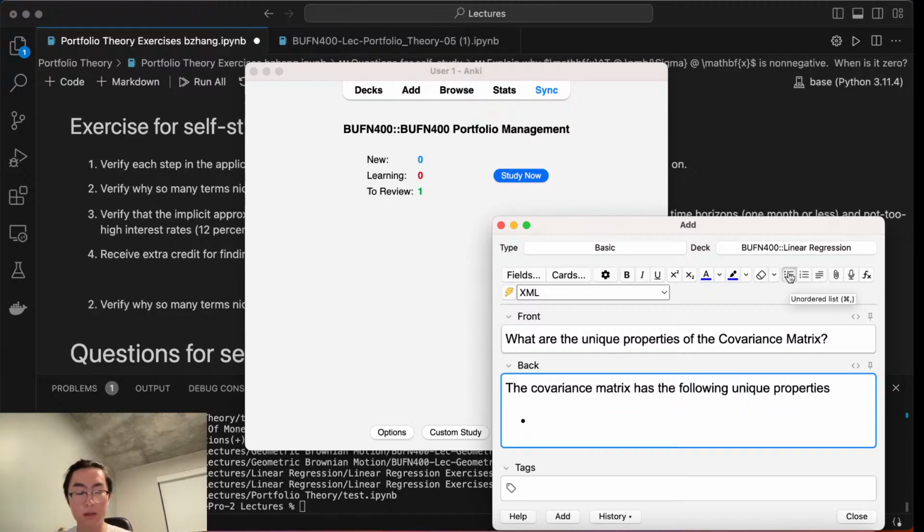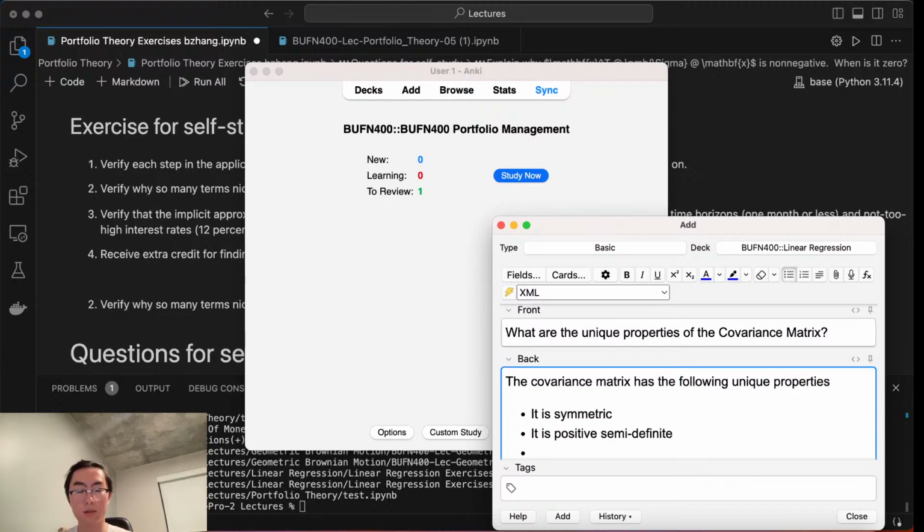For one, it is symmetric, and it is positive semi-definite.